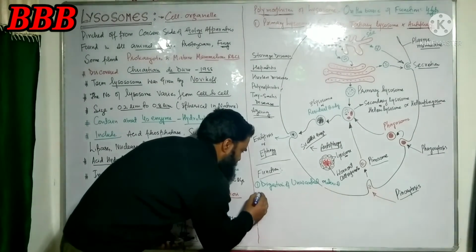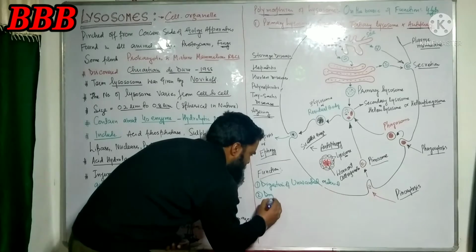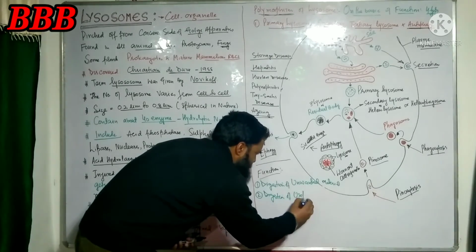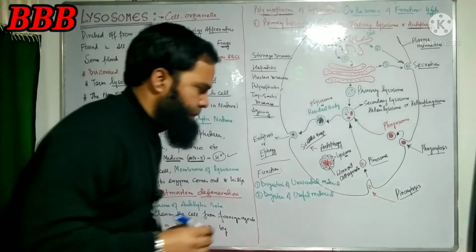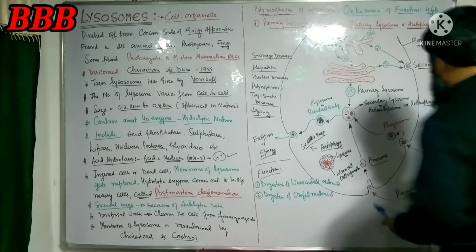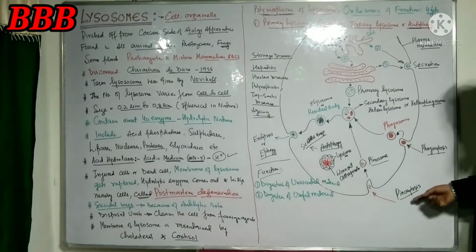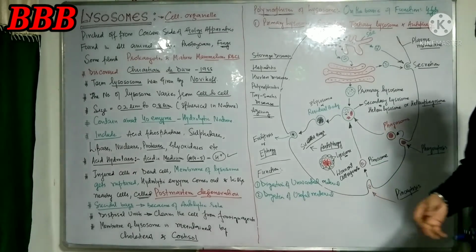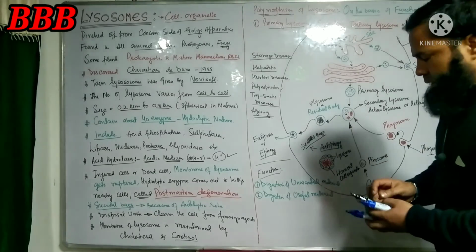It helps in the digestion of useful material, like the entry of food material in the form of phagocytosis and pinocytosis. These are the useful material. These are digested by the hydrolytic enzymes.